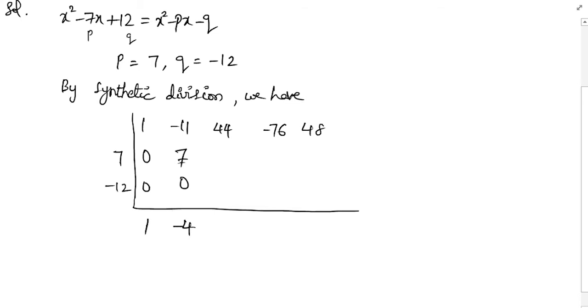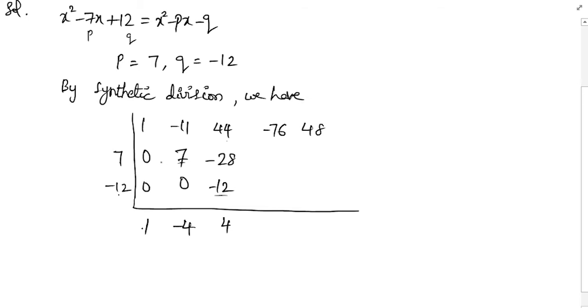So 7 into −4 is −28, so we get −28 here. Now this value will be −12 into 1, so that will be −12 here. Then the summation of these three numbers is equal to 4.